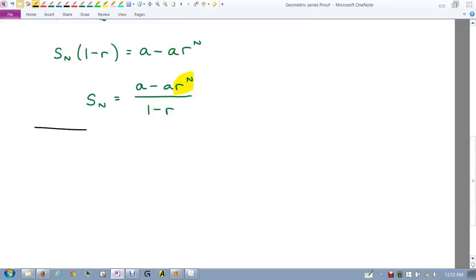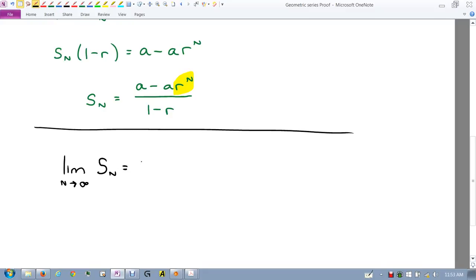What is the limit as n goes to infinity of s sub n, which is the limit as n goes to infinity of a minus ar to the n over 1 minus r.